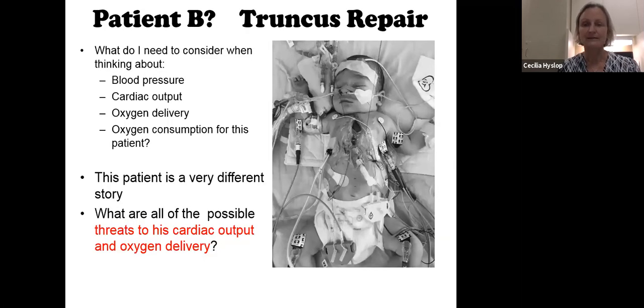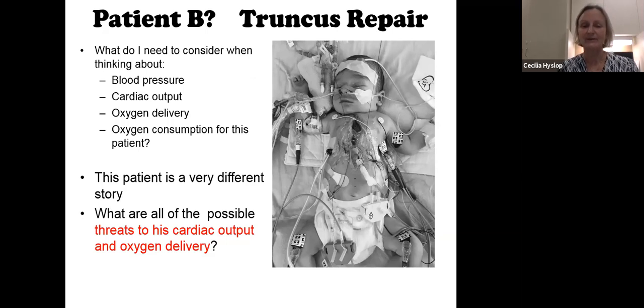Patient B is truncus. So what are the things that we need to think about for him? For instance, he might have pulmonary hypertension, which may be a real risk for him. So again, we need to think about his blood pressure, his cardiac output, his oxygen delivery, and his oxygen consumption. And this patient is a very different story.